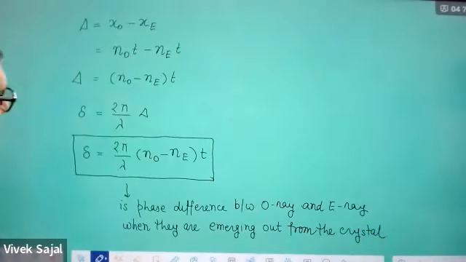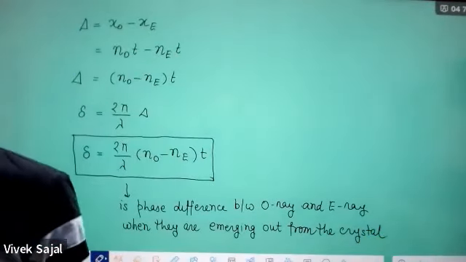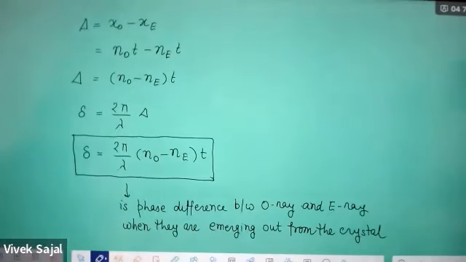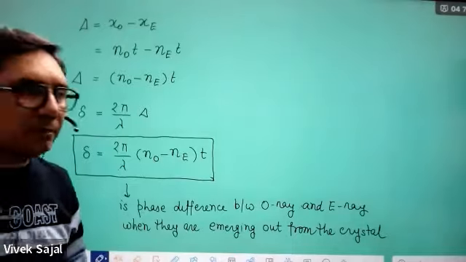So when they are emerging, this delta phase difference will appear in between them. Okay, na? This will be the phase difference that will emerge between them.